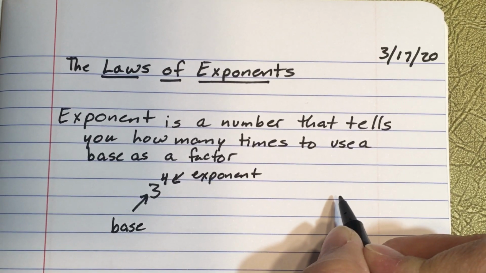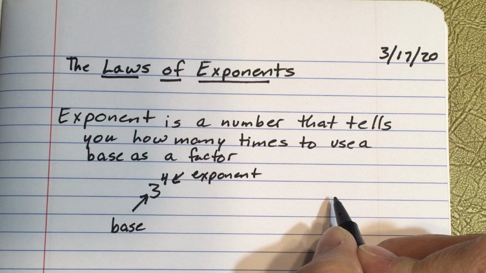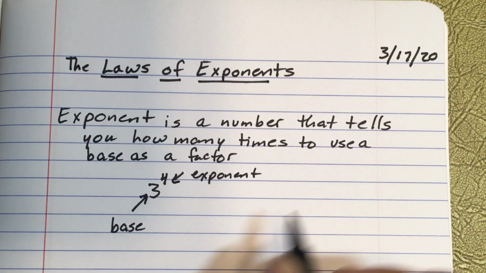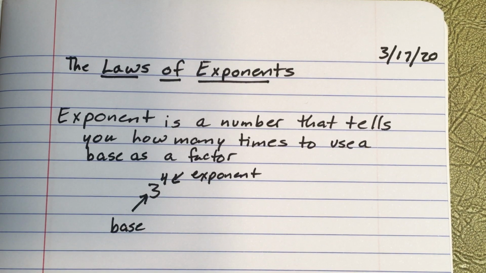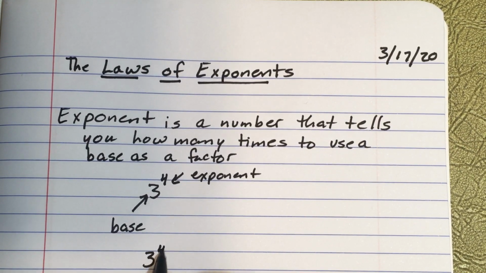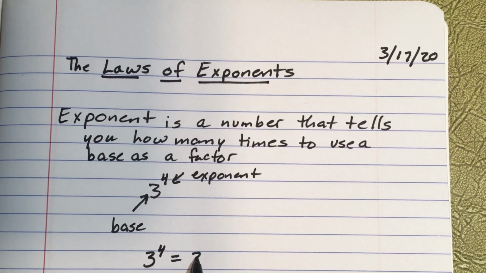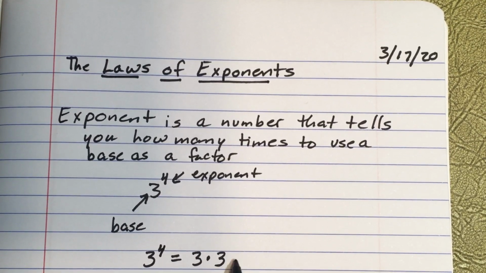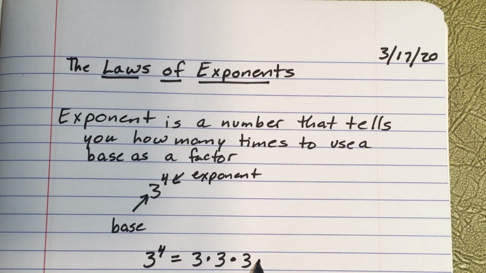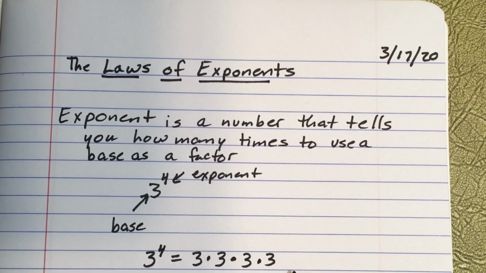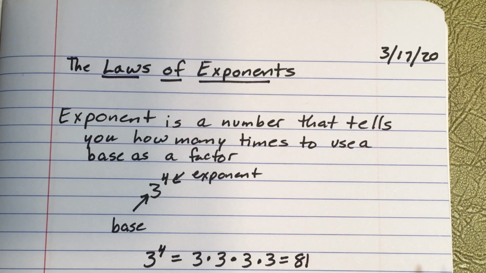You would read that 3 to the 4th power. It means that you would use the 3 as a factor 4 times. So 3 to the 4th power is equal to 3 times 3 times 3 times 3. You could multiply that out and you'd get 81. So 3 to the 4th power is 81.